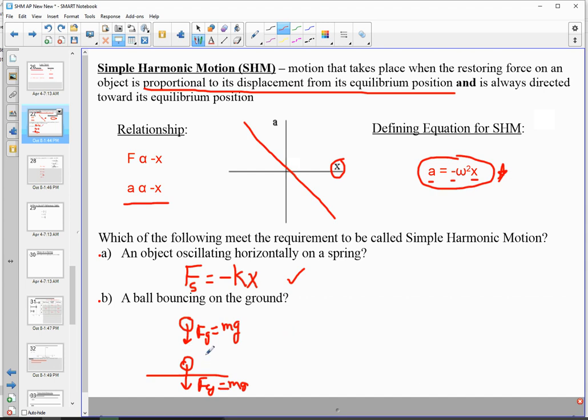So here we can see that it isn't proportional to negative x. We consider the force of gravity on a given mass to be a constant near the surface of the Earth. So even though the ball is bouncing up and down, it's undergoing oscillatory motion. It does not meet the requirement for simple harmonic motion because the force is not proportional to the displacement from the equilibrium position.